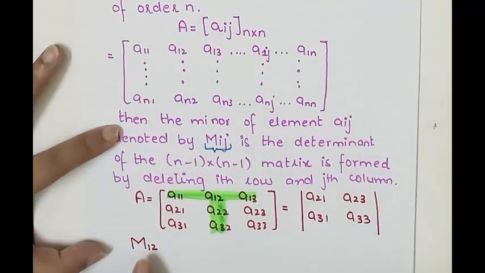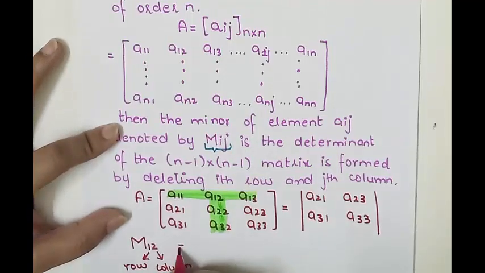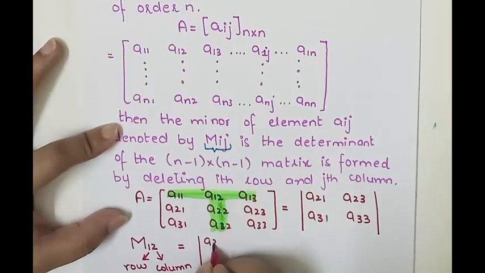This is the determinant. When we say M12, it means now we will remove the first row and second column, and we have this determinant, and this is the minor.